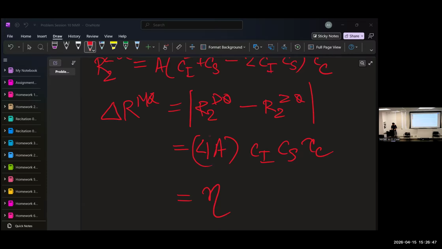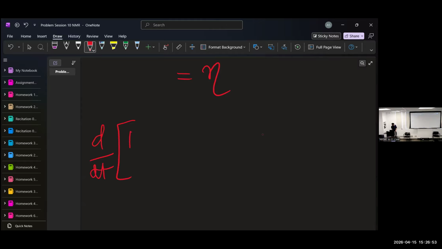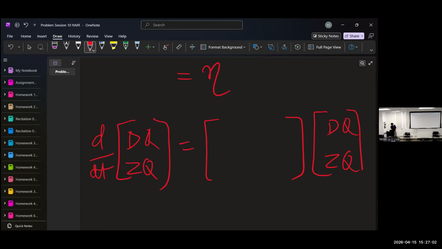This problem is basically saying you want to have d/dt of double quantum and zero quantum, and you've got these R2s. Right? These R2s are just what we calculated right now.